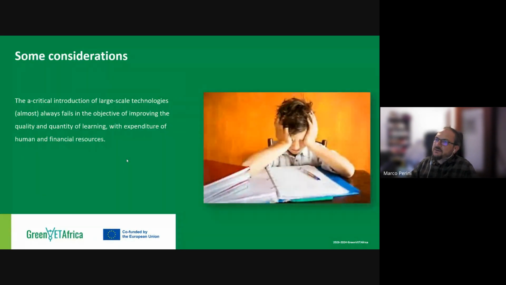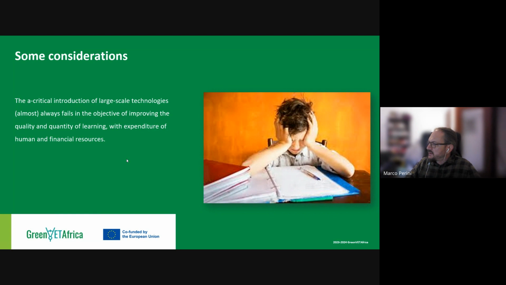The second consideration is that the introduction of large-scale technologies always fails in the objective of improving the quality and the quantity of learning, despite the expenditure of human and financial resources.